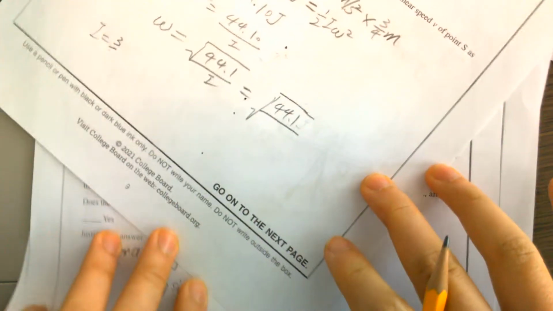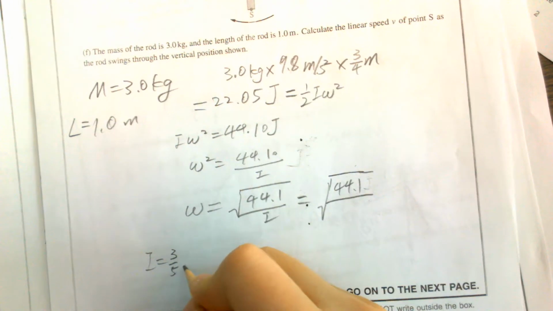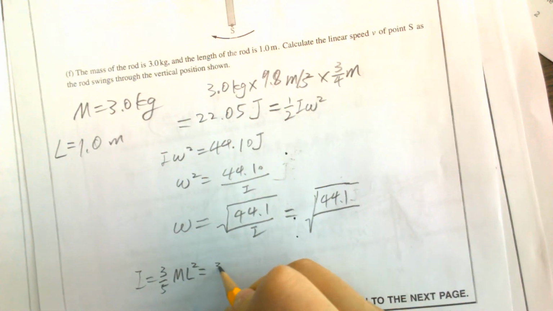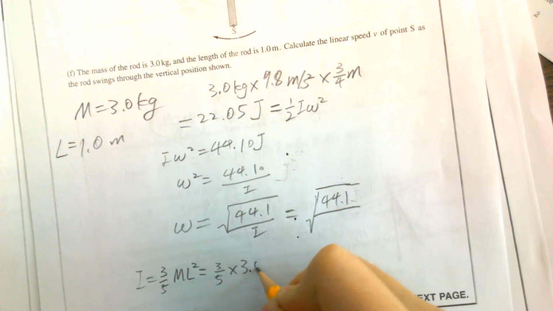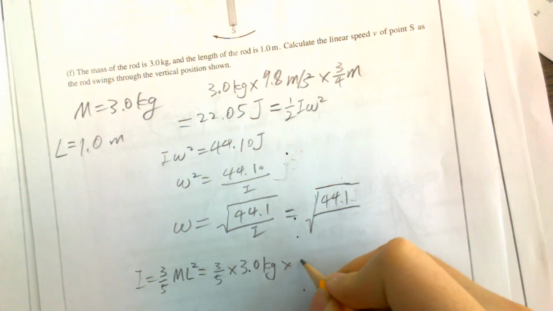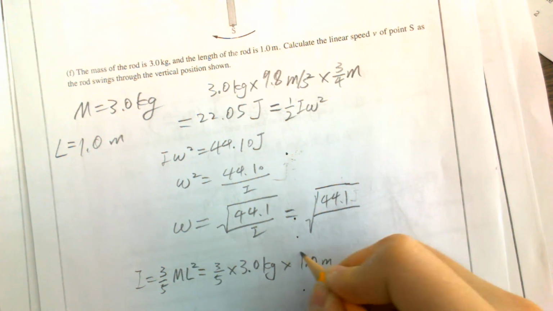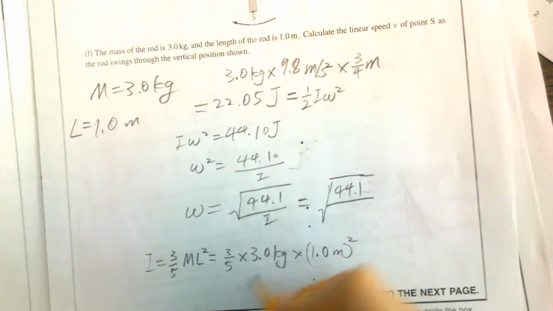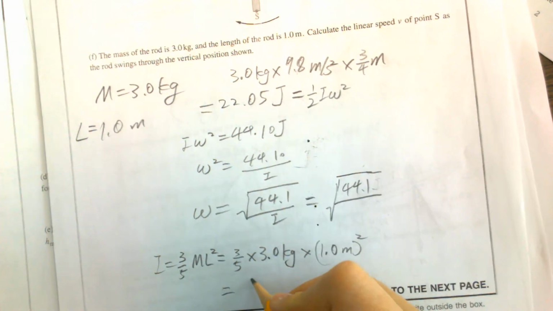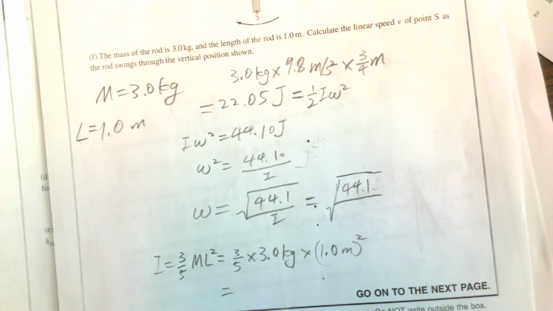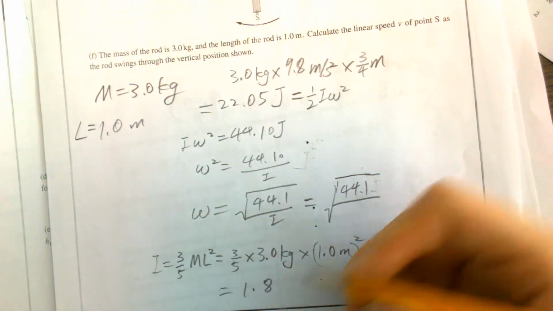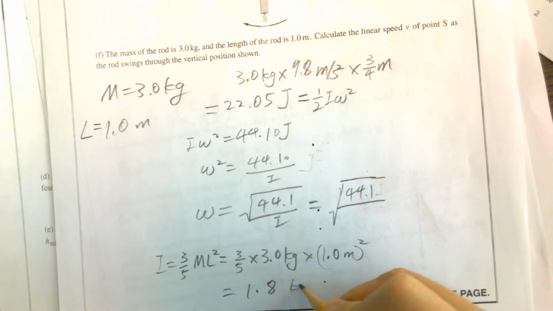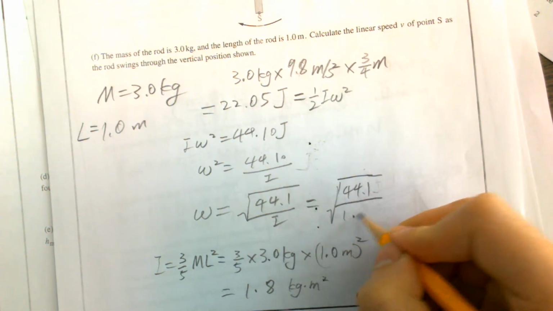Let's check it. 3/5 M L squared, which is 3/5 times 3.0 kilograms times 1.0 meter squared. Which is equal to 1.8 kilogram meter squared. So it's 1.8 at the bottom.